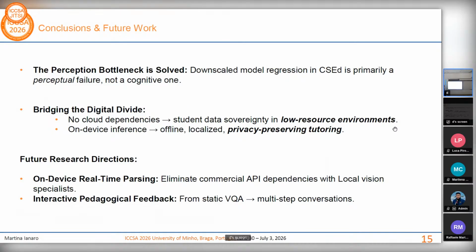In the same way, from a pedagogical point of view, we can pass from static QA to a multi-step conversation system.